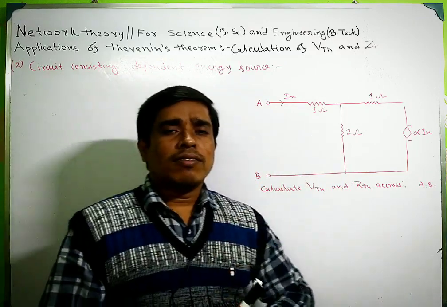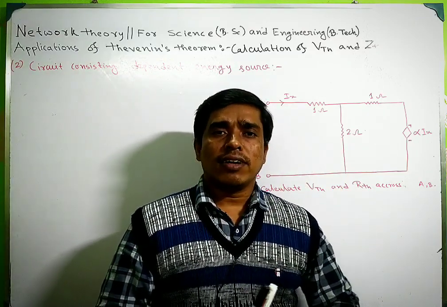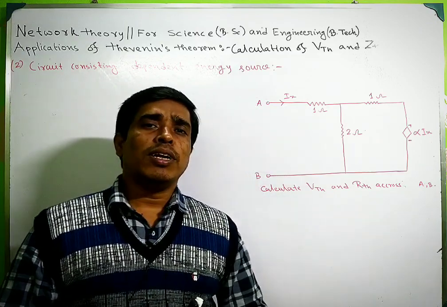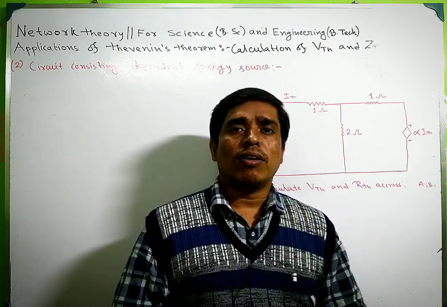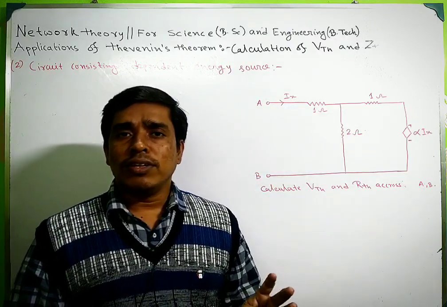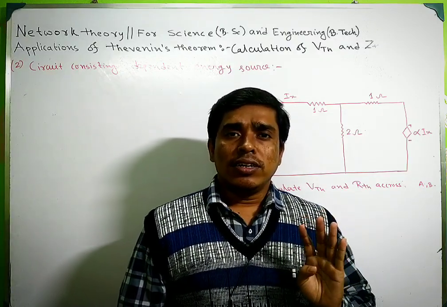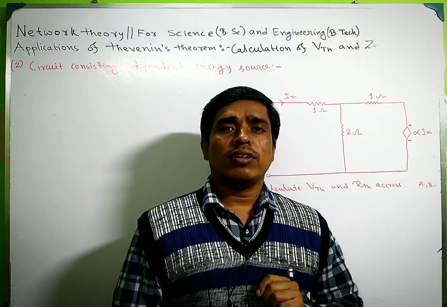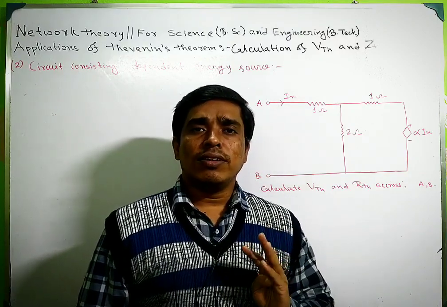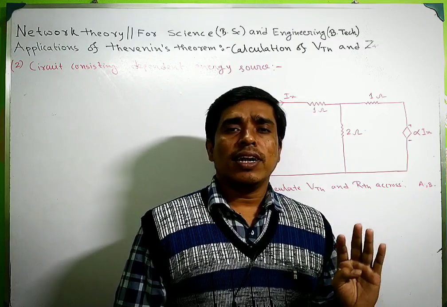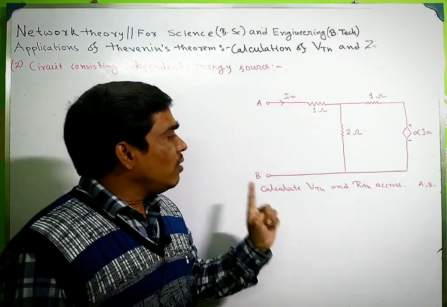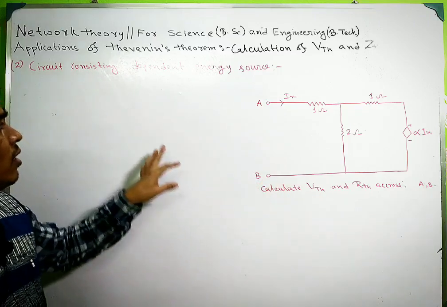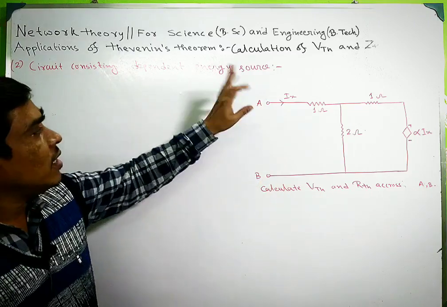In the previous class I have already discussed how to calculate the Thevenin voltage and Thevenin impedance of a circuit consisting of, number 1, an independent energy source, and number 2, both dependent and independent energy sources. Now this circuit contains only a dependent energy source.